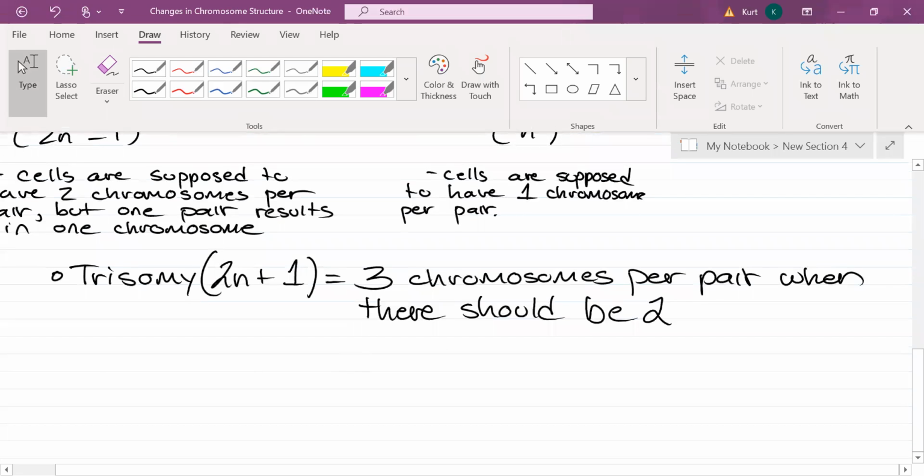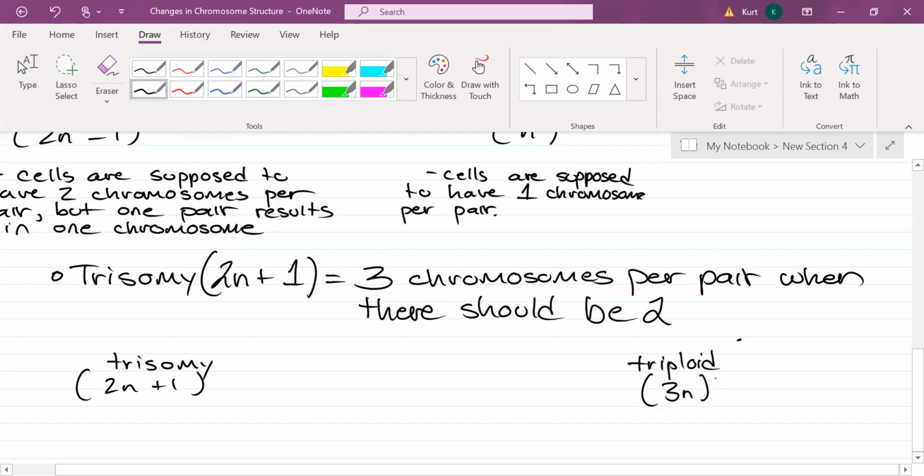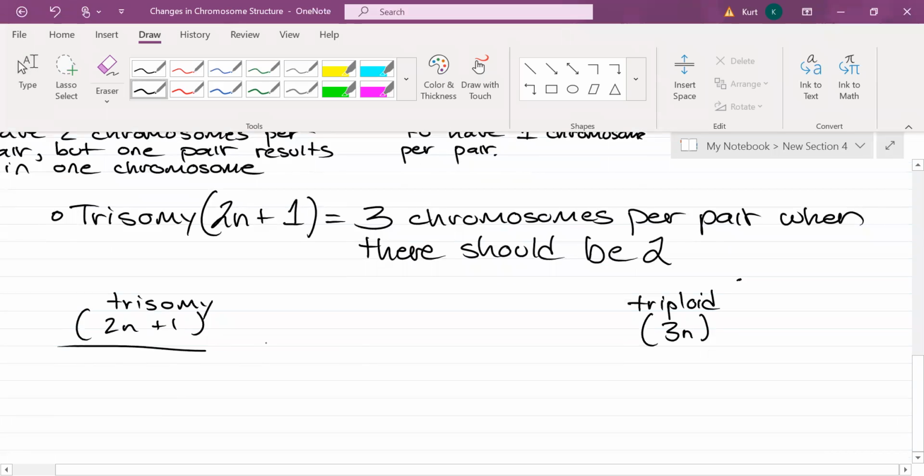So let's see if you guys can tell me the difference between trisomy, which is 2n plus 1, and triploid. Yes, triploid is a real thing. It is 3n. It's seen sometimes in plants. Anybody want to try to give me just your basic interpretation of what trisomy would be based on what we put for monosomy?